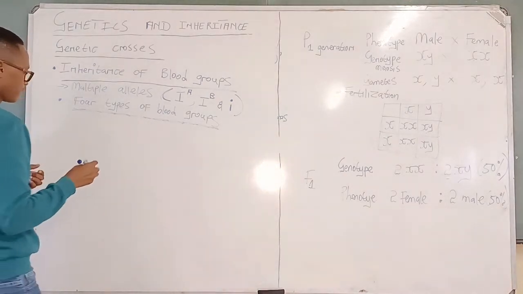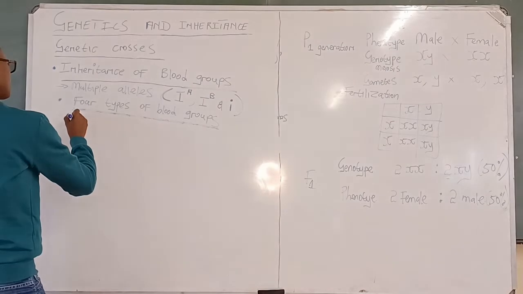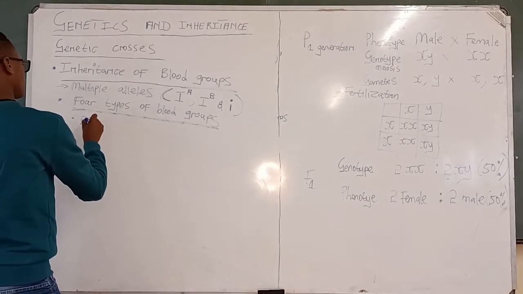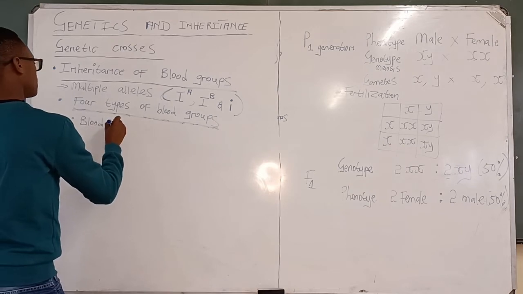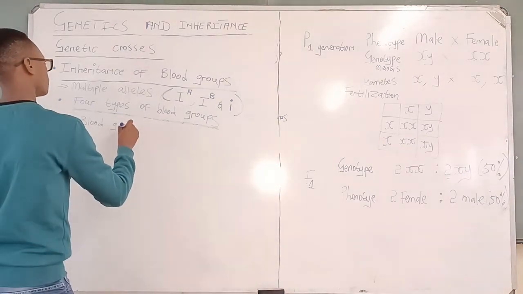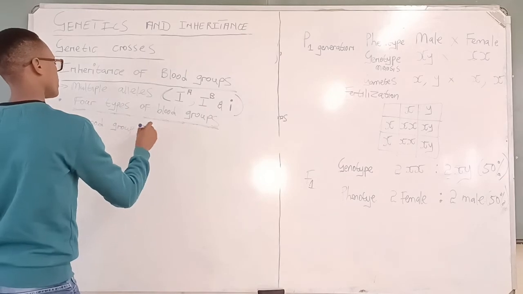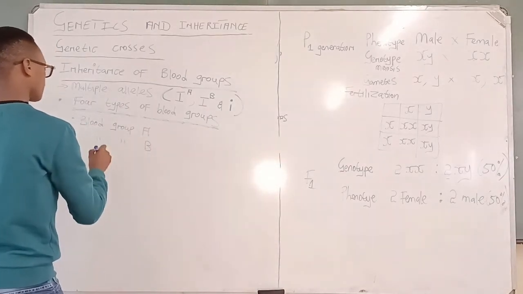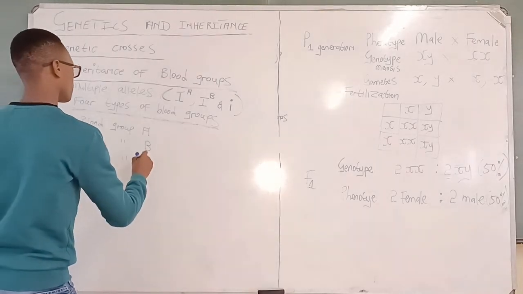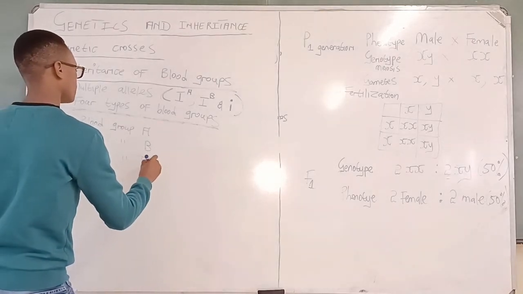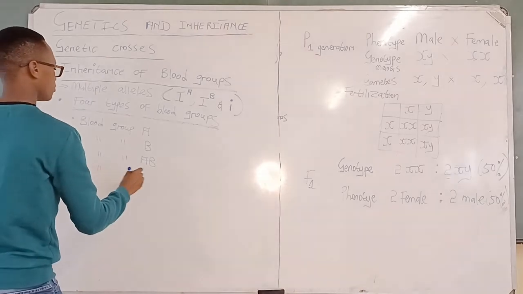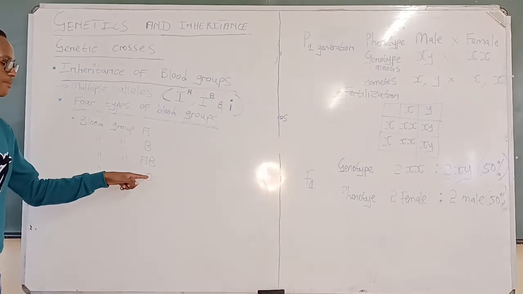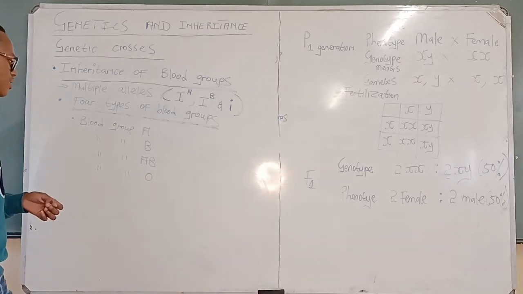I have number 1, we have blood group A, we have blood group B, we have blood group AB, and then lastly we have blood group O. So this one, they sometimes call it a universal donor.